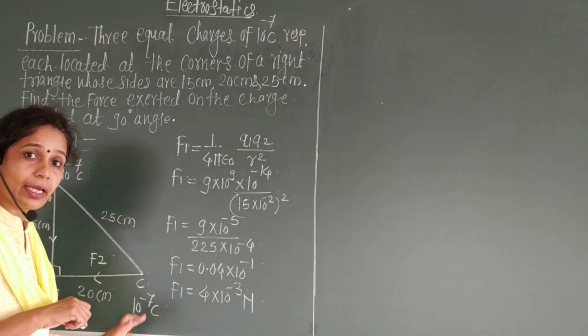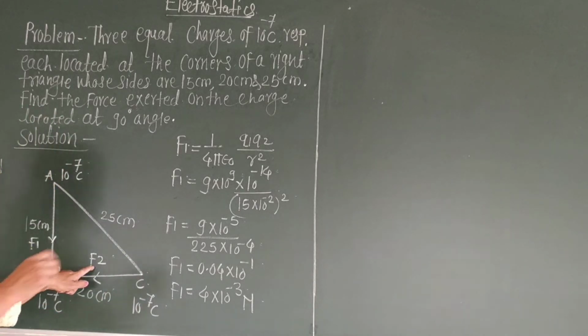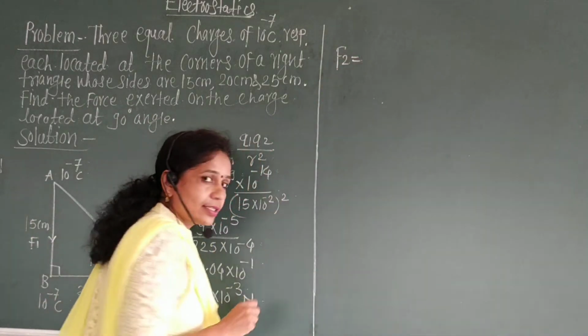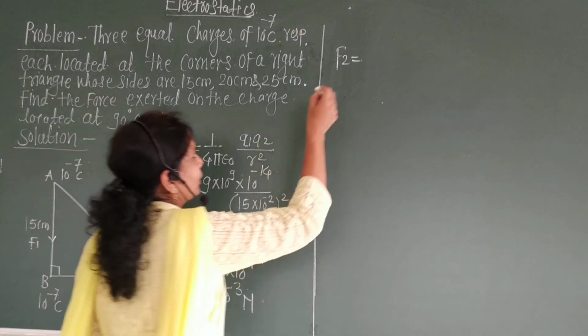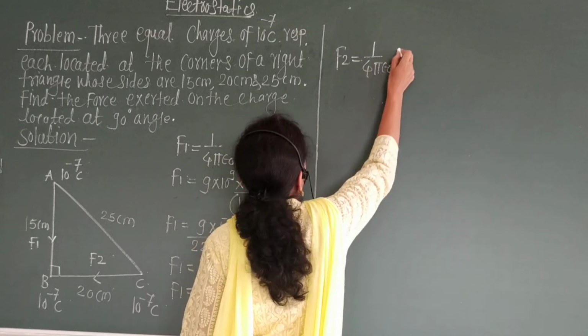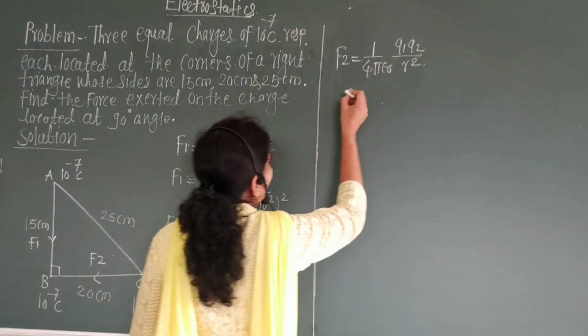Now we calculate F2. What is F2? The force exerted on B due to C. Therefore, F2 is equal to 1 upon 4 pi epsilon 0 Q1 Q2 upon R square.